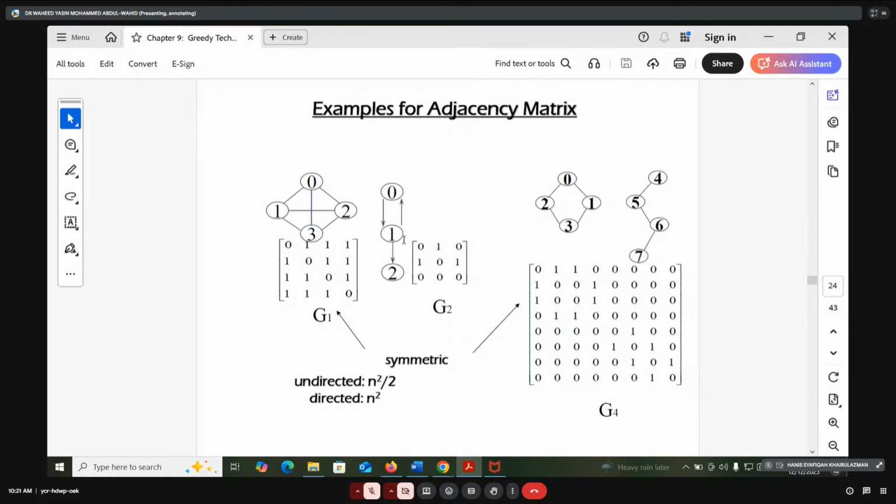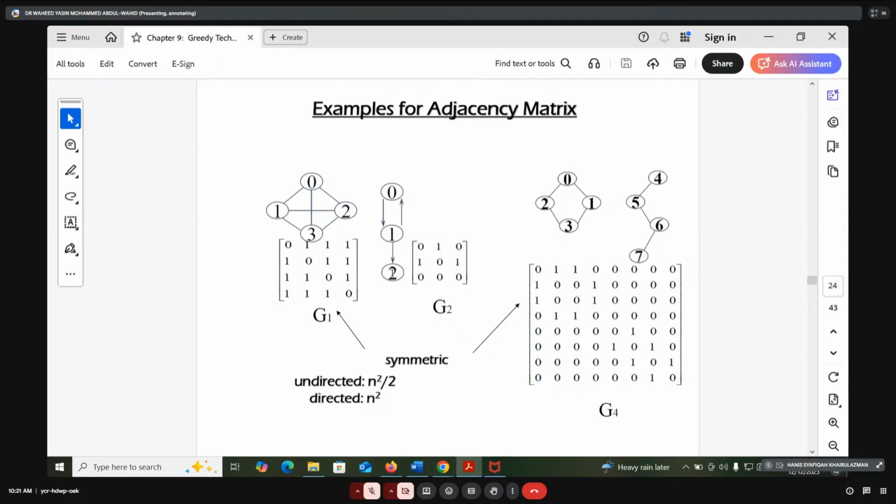So here, from 0 to 0, there is no connection, same for 1, 1 and 2, 2. Okay. From 0 to 1, yes, I have. From 0 to 2, no, I don't have. 1 to 0, yes, I have. 1 to 1, there is no connection. 1 to 2, yes, I have.